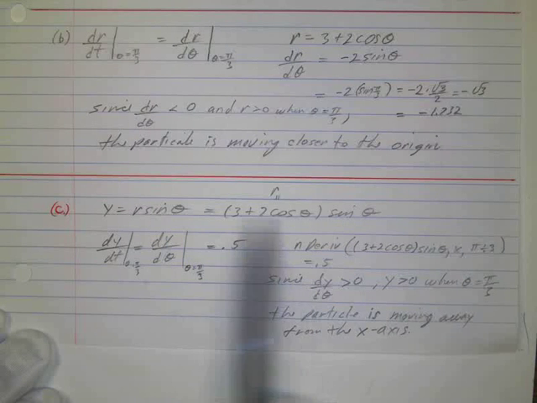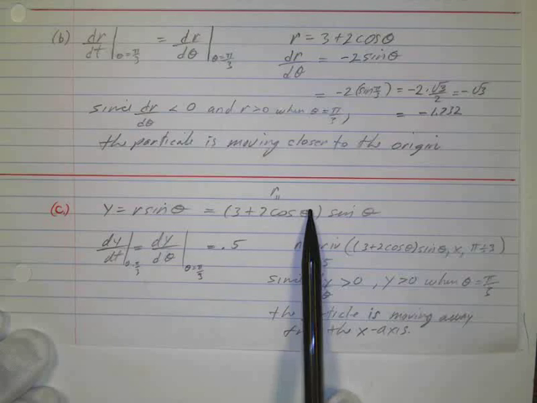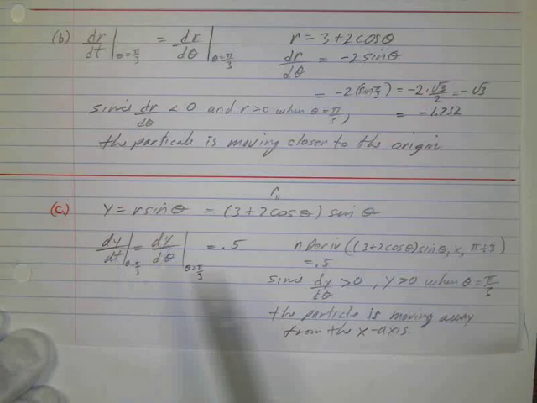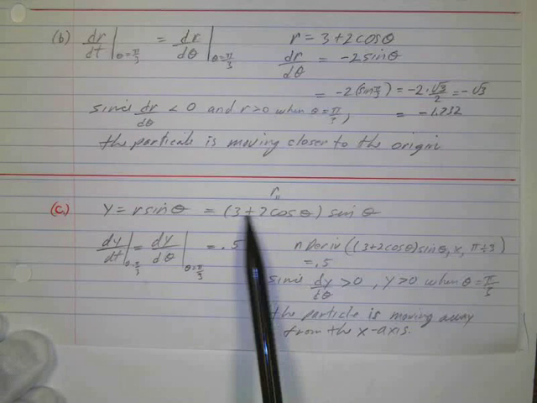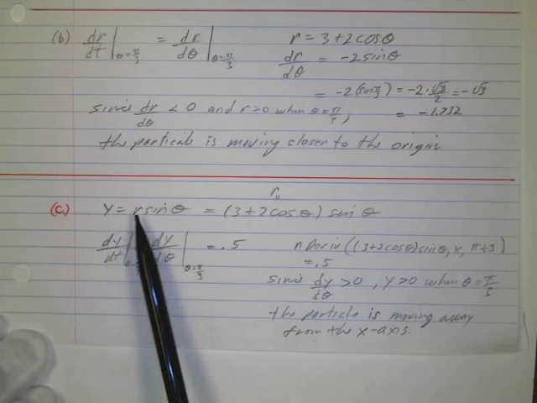Well, y equals r sine of theta, because we had this. So in order to get this in terms of y rather than theta, because we want dy/dt, not dy/d theta, then we just take the derivative of this.